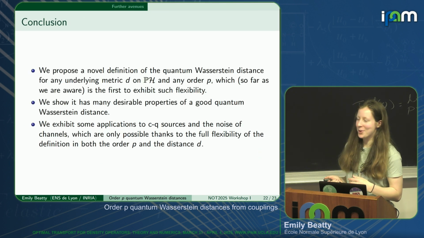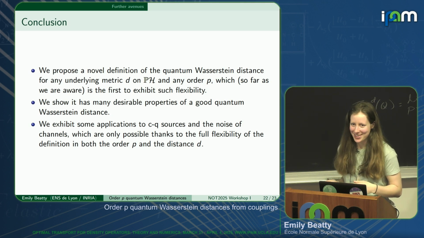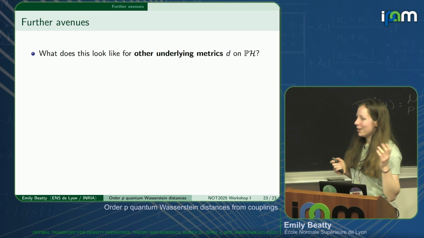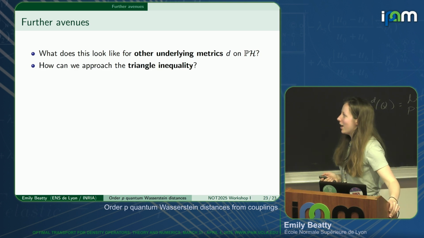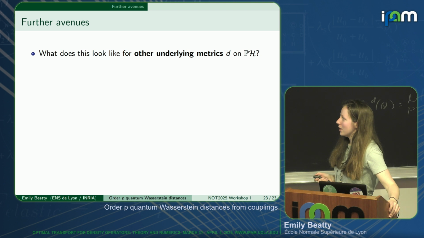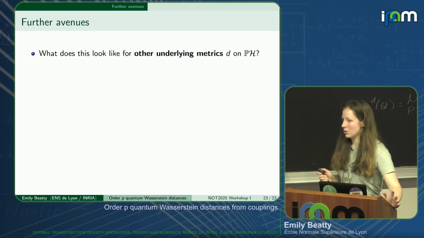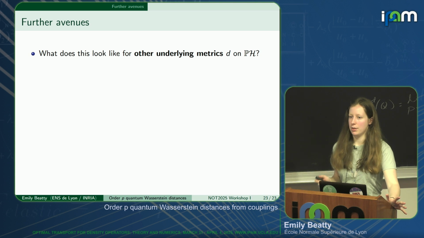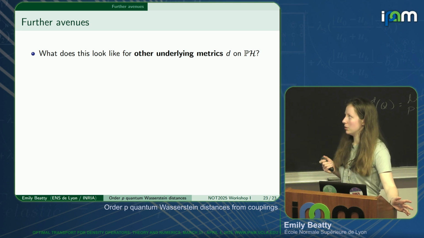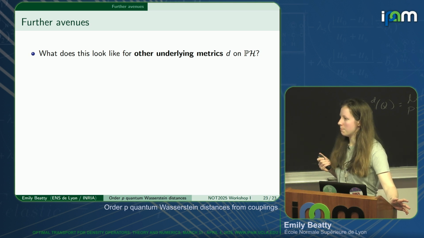So what have we done and where are we going? I've given you a definition, I've shown you that it makes sense, and I've told you what you can do with it. Where do we go from here? One of the most interesting questions is, we've looked at a few examples, but obviously this construction opens the door for many, many other underlying metrics D that you could put on your pure states.